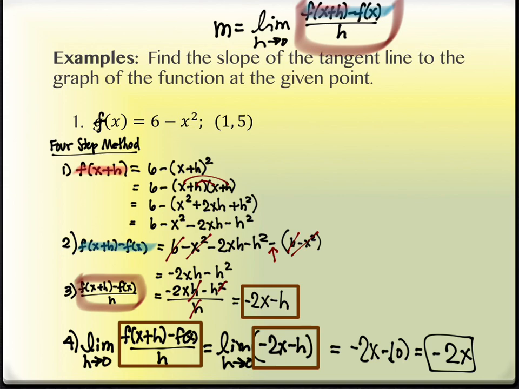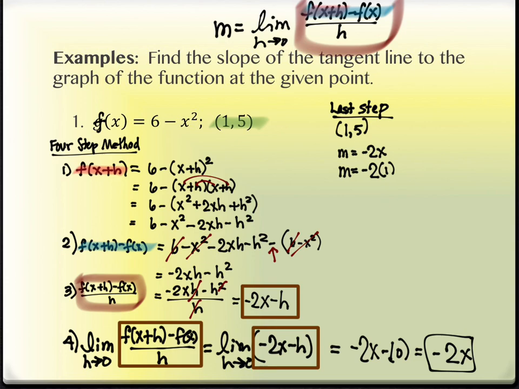The last thing we need to do is to go back and remember that we were given some information about a point, and we haven't done anything with it, this (1,5), right? The last step here, and it doesn't happen on every problem, but it happens because I was given the point, is to take the point, (1,5), and to take our expression that we just got, my m equals negative 2x, and put the x in that I was given.